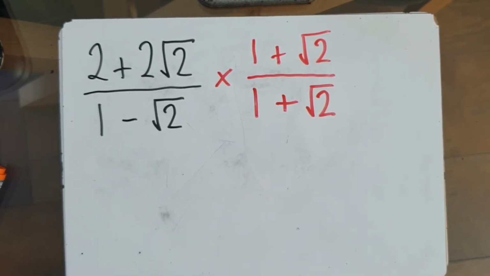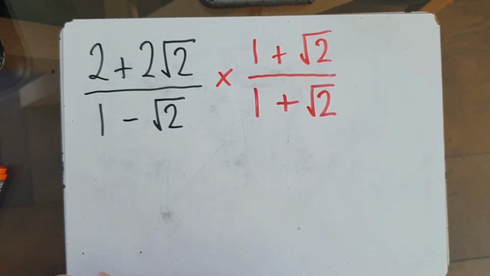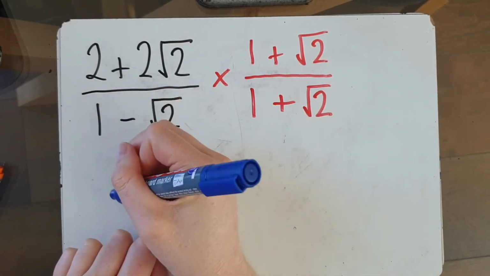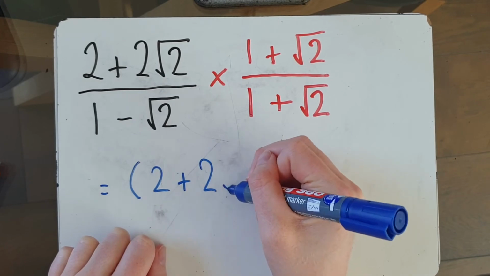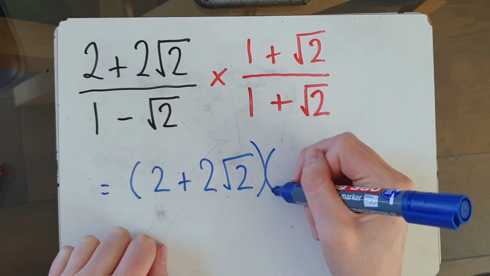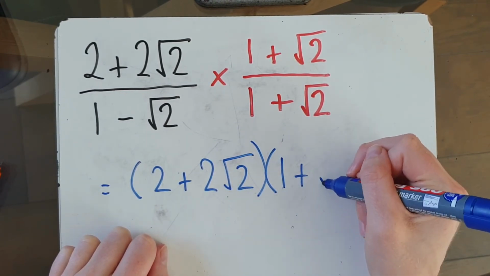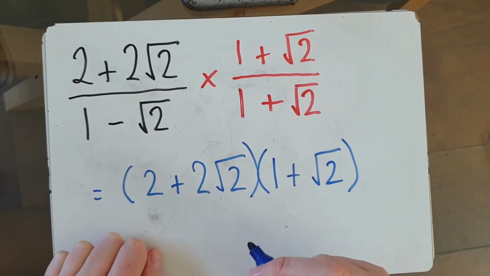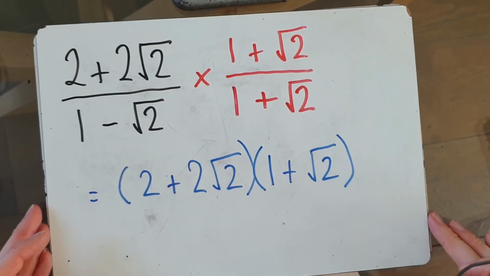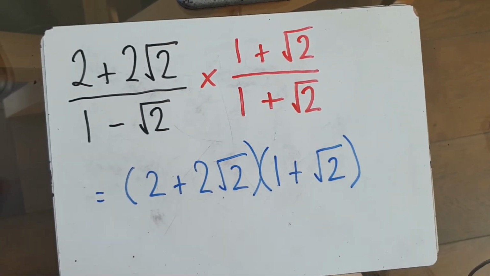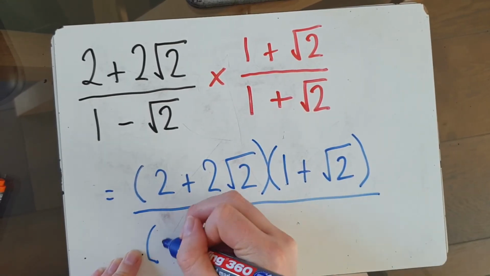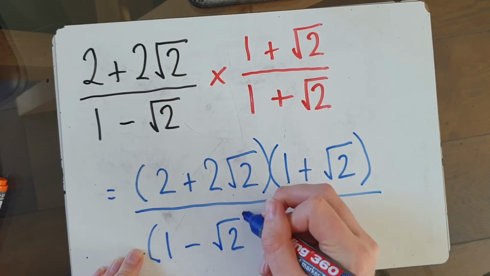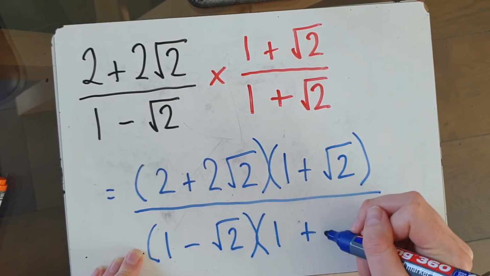So this is why you were multiplying out double brackets, because the numerator is going to become 2 plus 2 root 2 over 1 plus root 2. So that's going to be your numerator of your new fraction. Denominator of your new fraction will be 1 minus root 2 over 1 plus root 2.